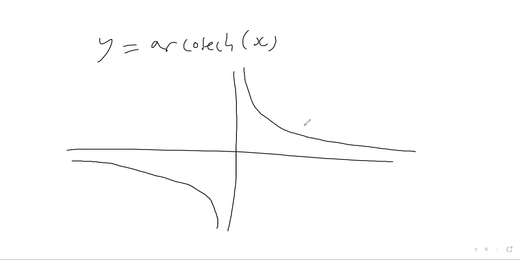So that's the arcosec graph. And as we can see here, the domain, well, sorry, we can have every real value of x apart from 0, which will give us a defined arcosec function. So the domain, again, is just x not equal to 0. So yeah, that is our domain.